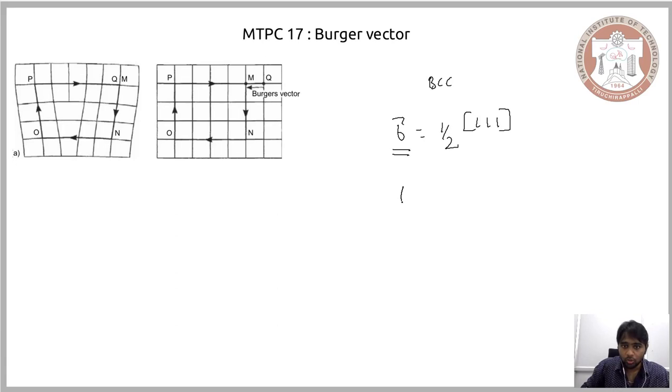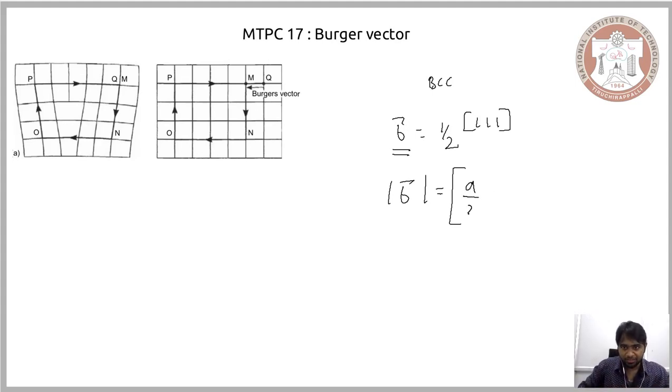Now when you want to calculate the magnitude of the Burgers vector, we need to consider the amount of distortion the dislocation has brought in all three different directions, and you need to take the square of the distortion brought in each of these directions. So in case of the BCC crystal structure, wherein we have considered the Burgers vector to be equal to the distance between the corner atom and the body centered atom, the amount of distortion that is brought in each of these directions is a by 2.